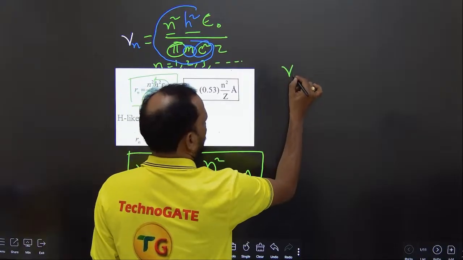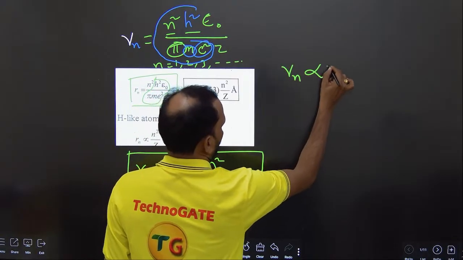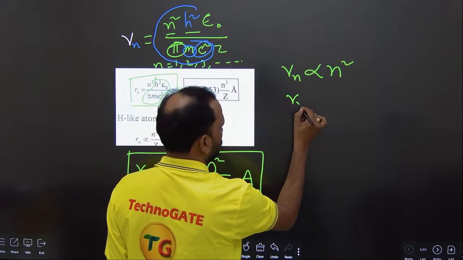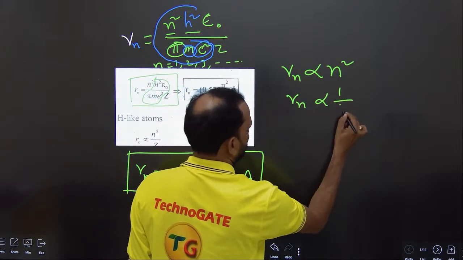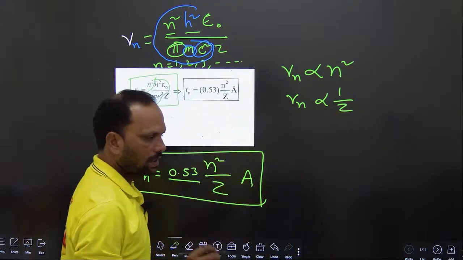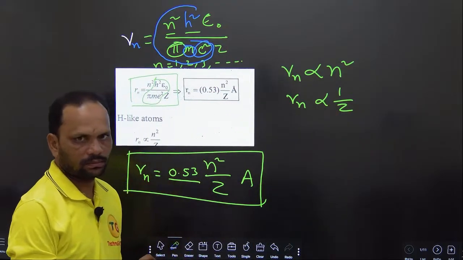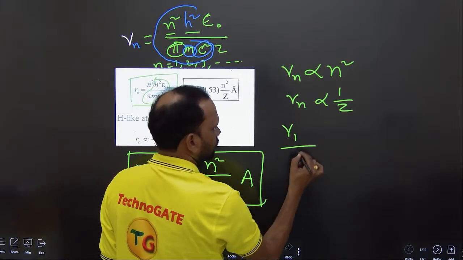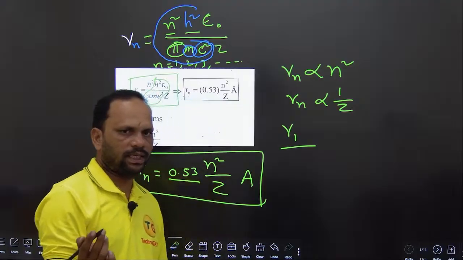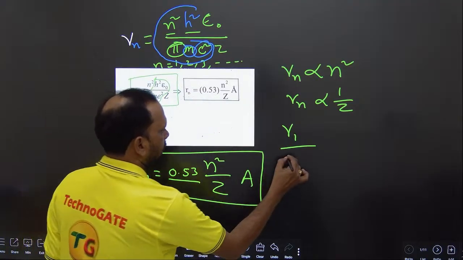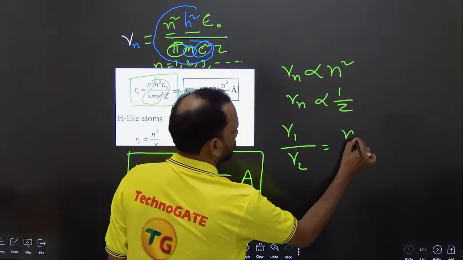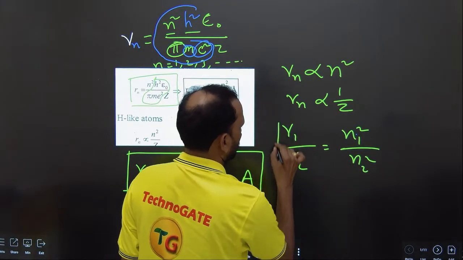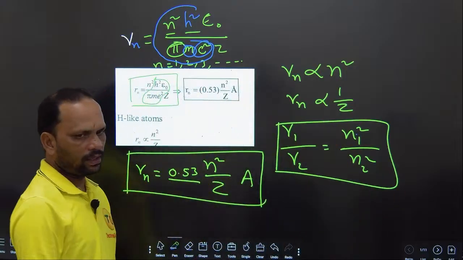Rn is directly proportional to n square, and Rn is inversely proportional to z. If we compare only hydrogen atoms, z is equal to 1, then R1 by R2 is equal to n1 square by n2 square.